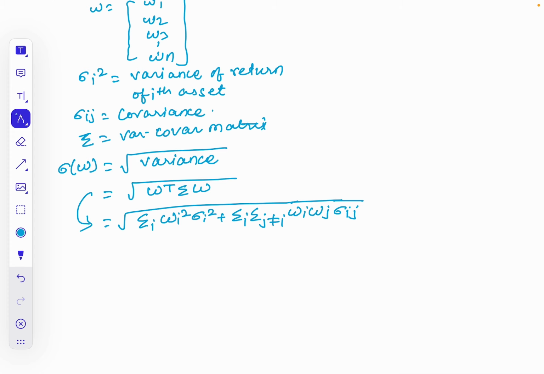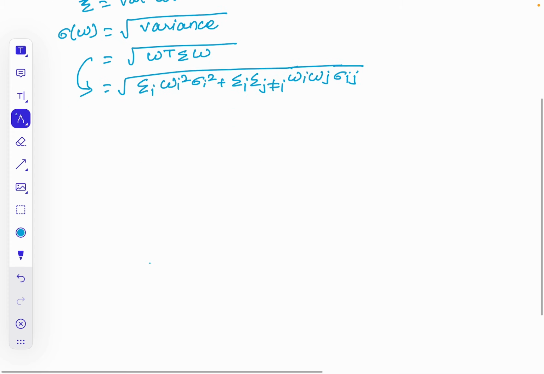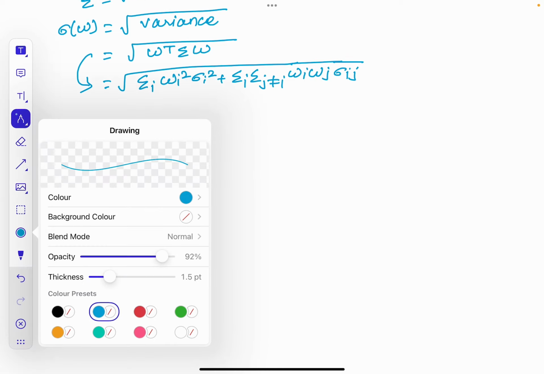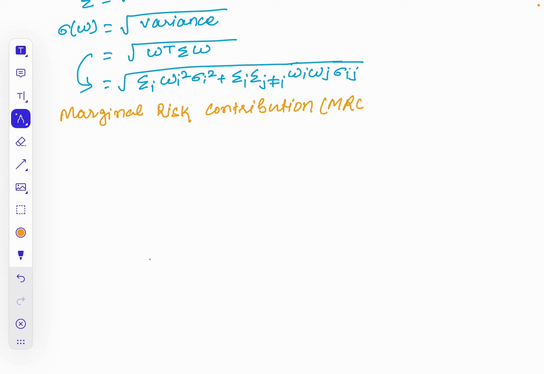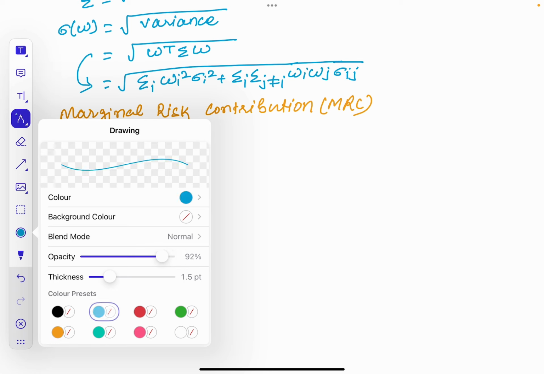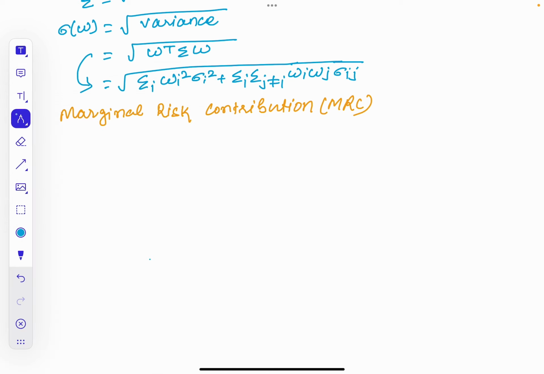Now I will be defining a very important term. That term is marginal risk contribution, MRC. Let us first define it and then we will see the mathematical formulation of marginal risk contribution.